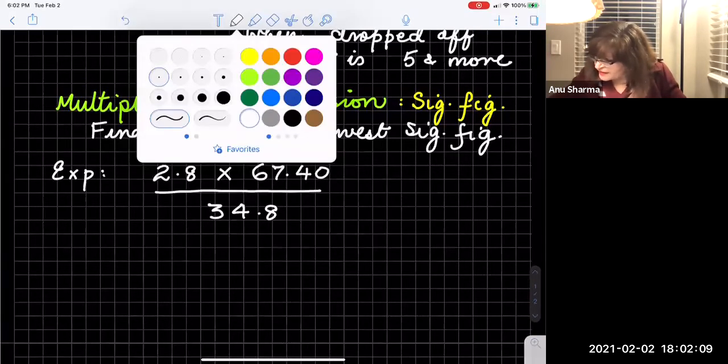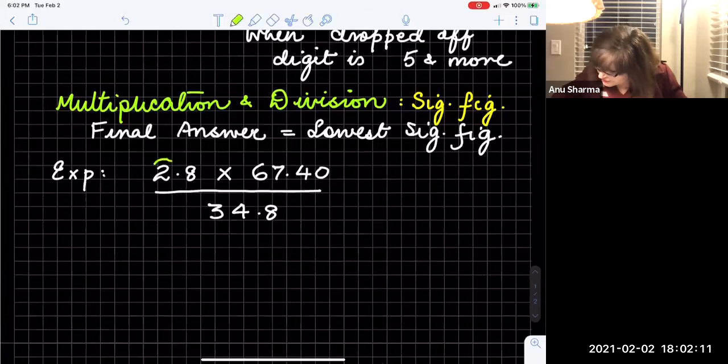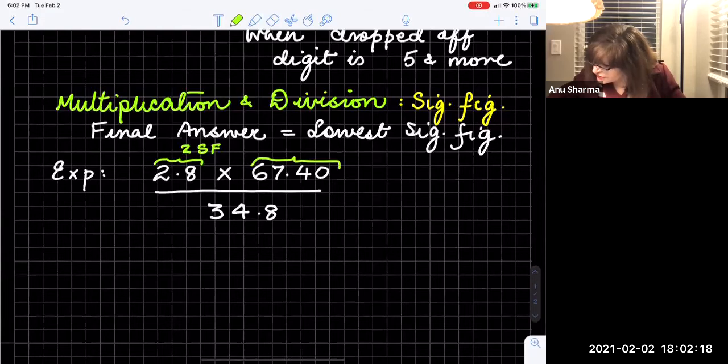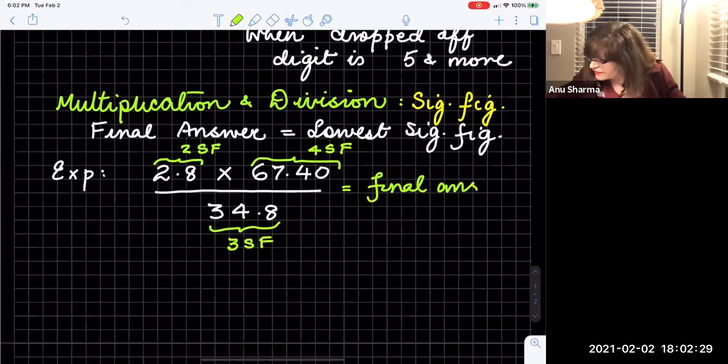We have two significant figures right here, and this one is four significant figures here, and then this one is three significant figures. But your final answer should only have two significant figures. Okay, only two significant figures.